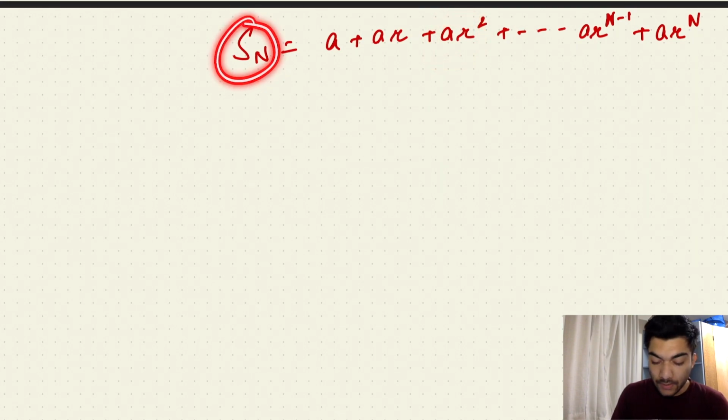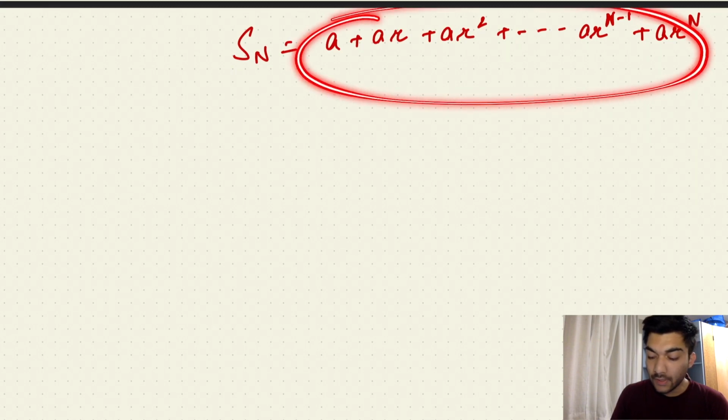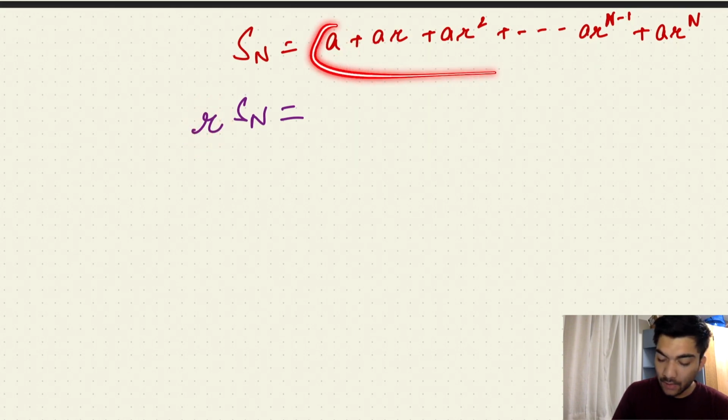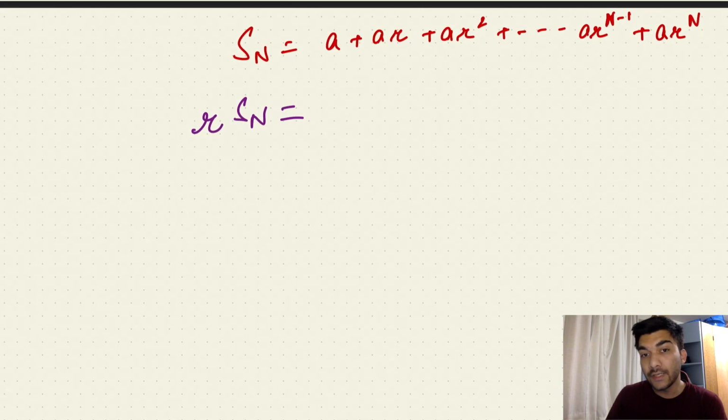So if we multiply this series with r, we get most of the terms again, right? So let's do that. If we multiply our Sn with r, our first term will become ar, because we are multiplying r with every individual term. Let's write it below so that it's easy to visualize.